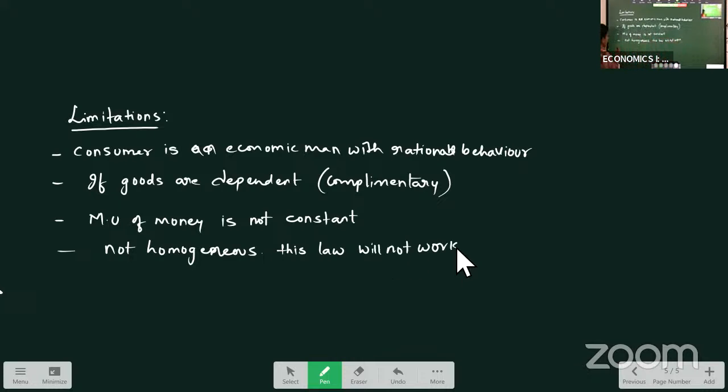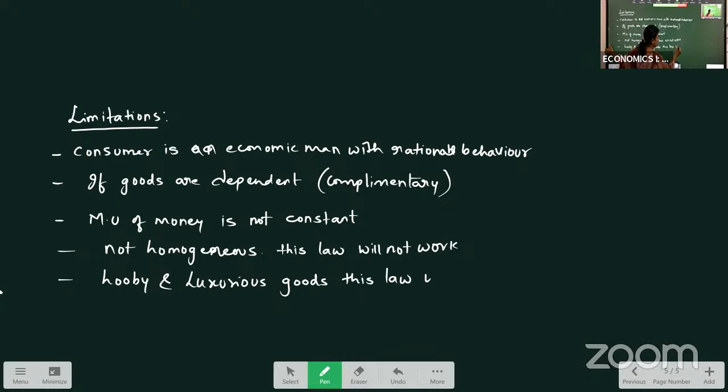Then another limitation of the law is in case of hobby and in case of luxurious goods, this law will not work. Why?